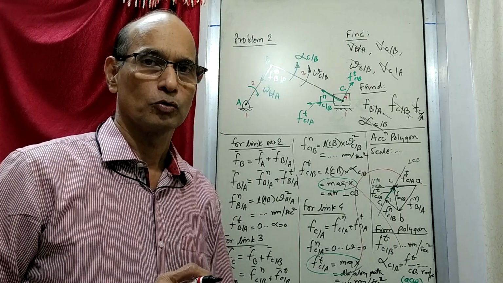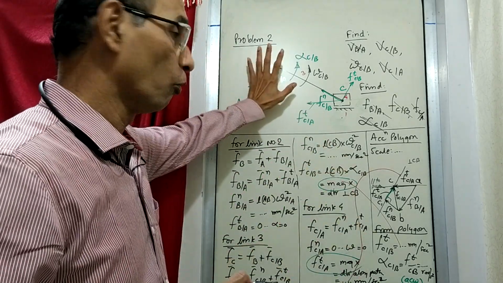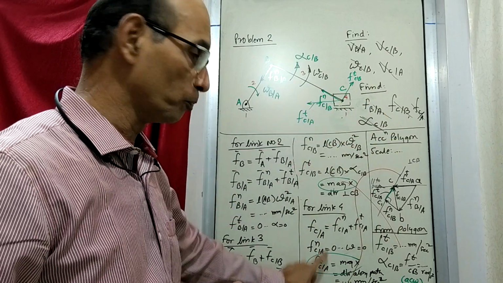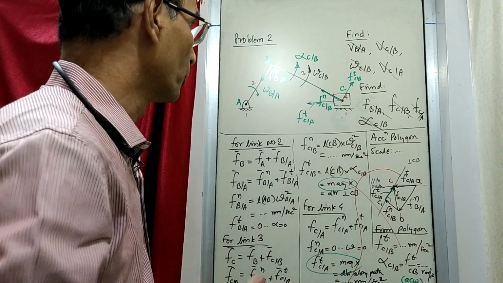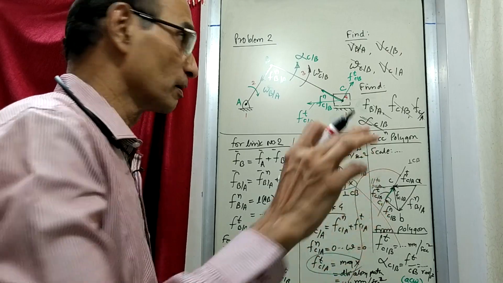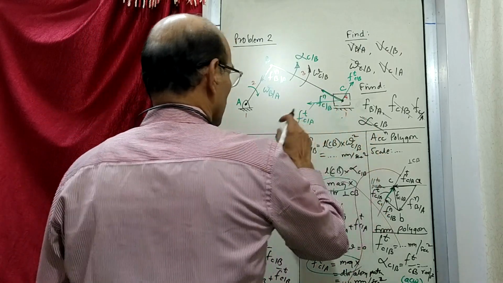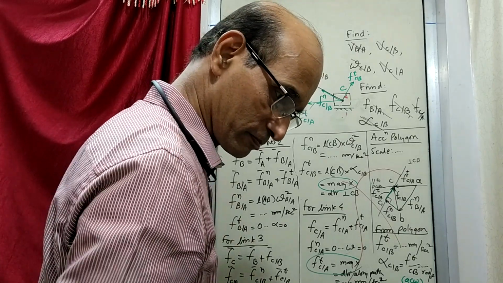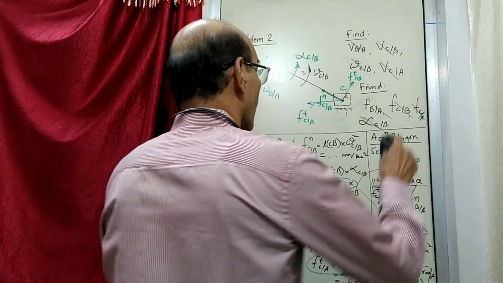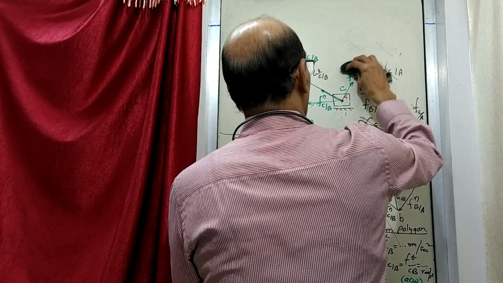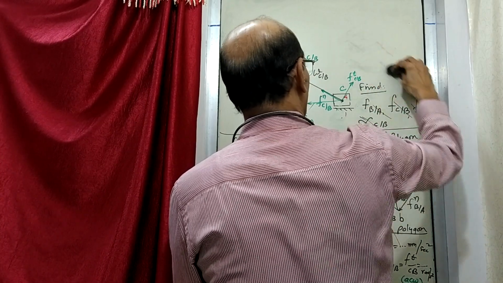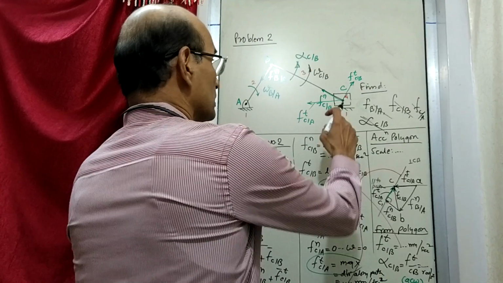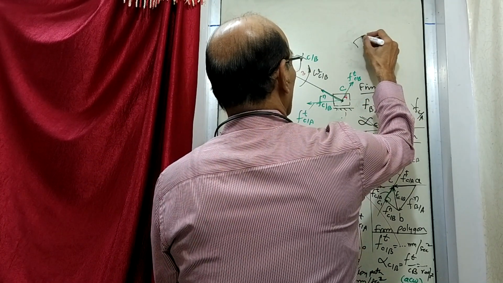So this is our problem number 2. What we have learned here that is new is how to handle the slider. This is the new part. Now suppose one variation: suppose this slider is given to you like this. Suppose this slider is performing a rotary motion.